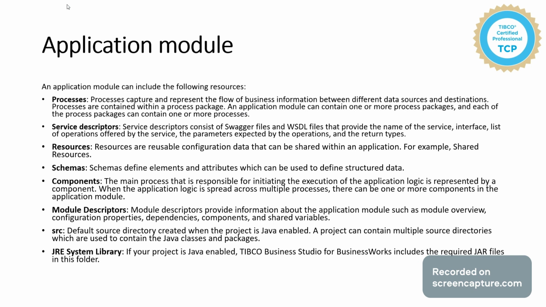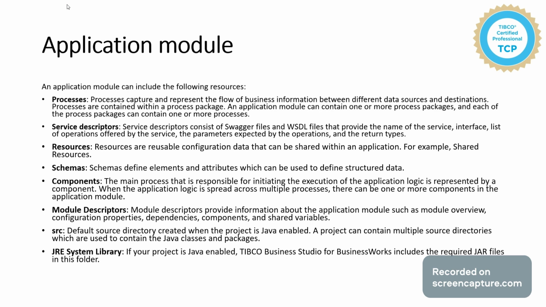Application logic can spread across multiple processes. There can be one or more components for an application module, and module descriptors provide information about the application module such as module overview, configuration, properties, dependencies, components, and shared variables, etc.